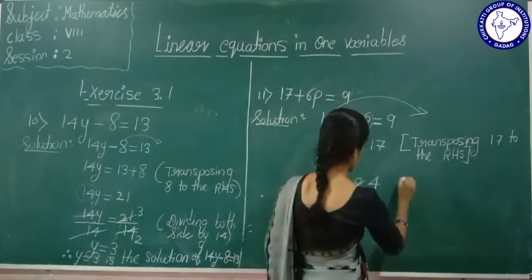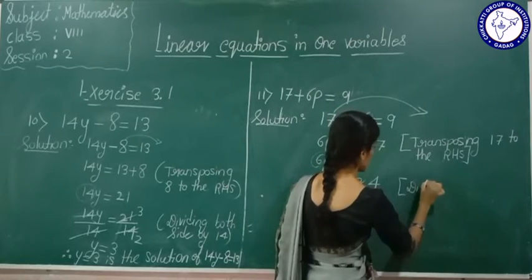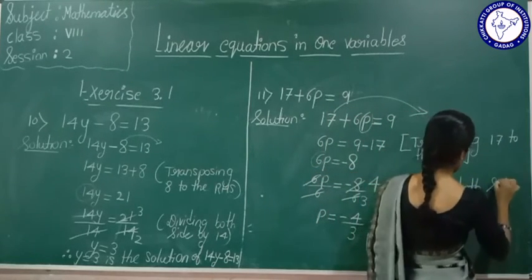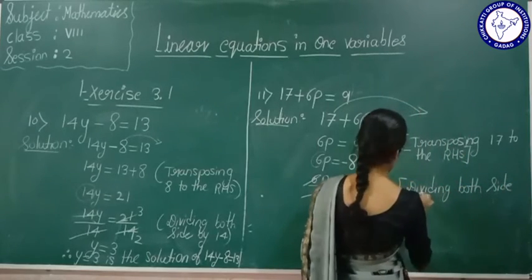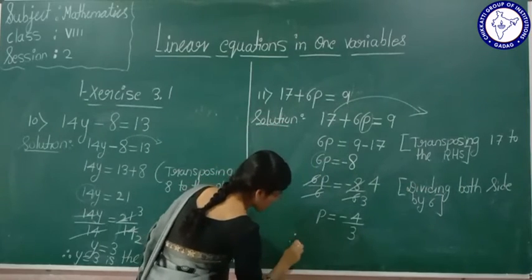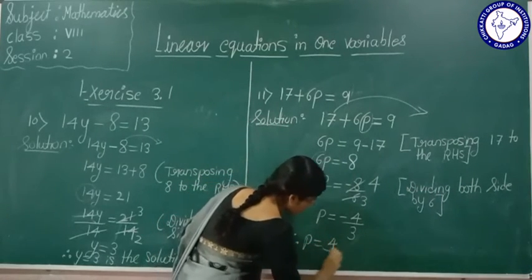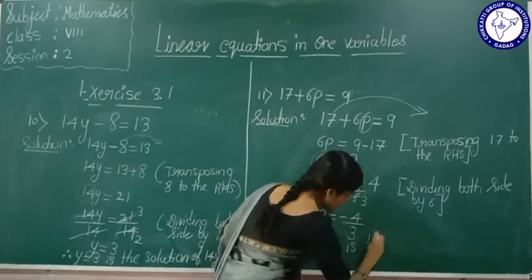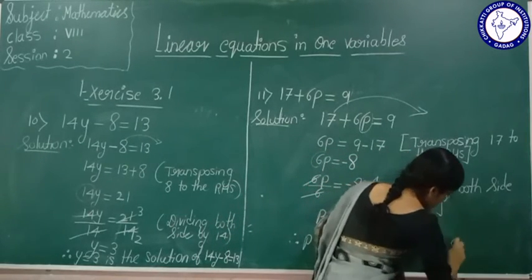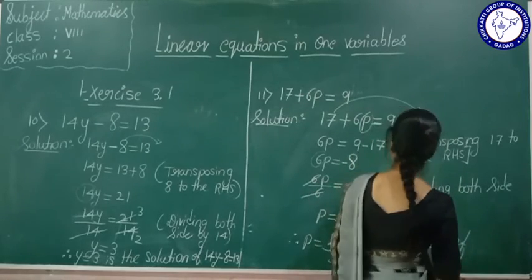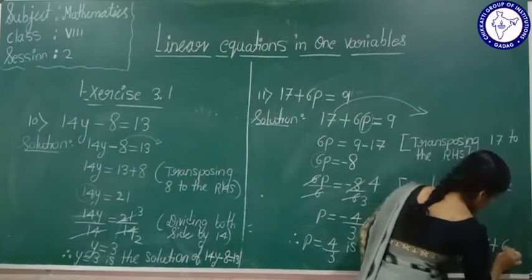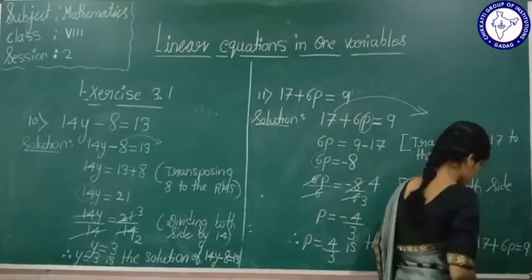Okay. What are we writing as a reason? Here, dividing both sides by 6. So therefore p is equal to minus 4 by 3 is the solution of 17 plus 6p is equal to 9.